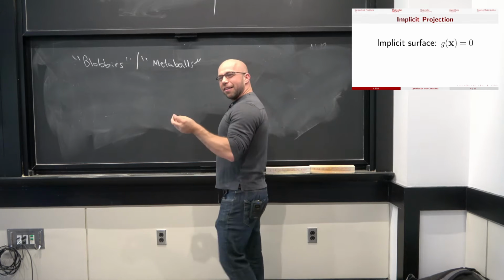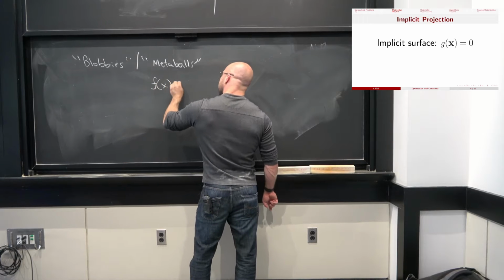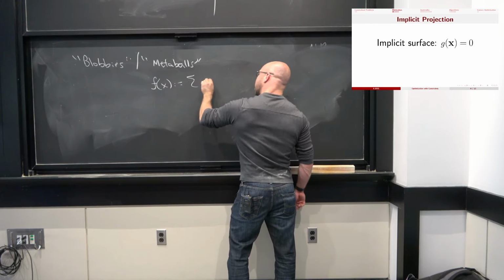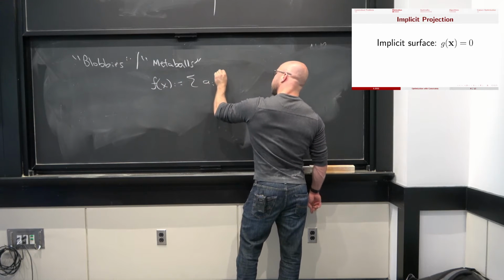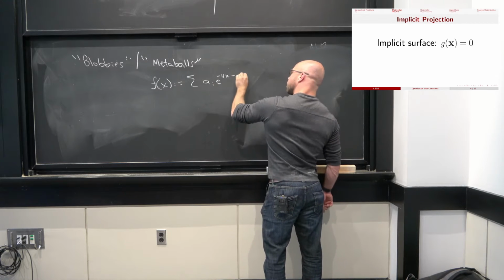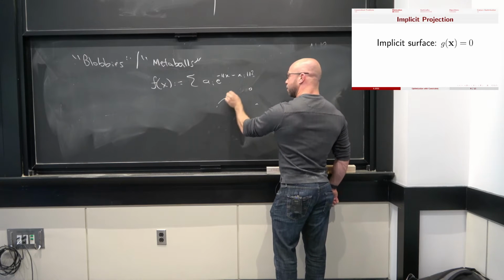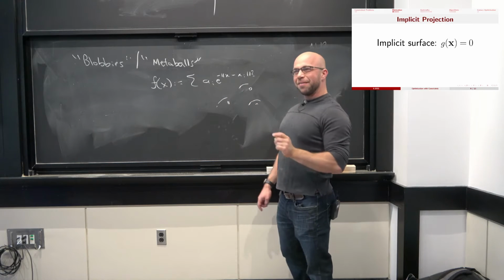But essentially what you do is very simple. You design a function f of x to be a weighted sum of Gaussians, e to the minus x minus some x_i. So you place a bunch of points x_i, and you stick little Gaussians at those points, and you add them together.